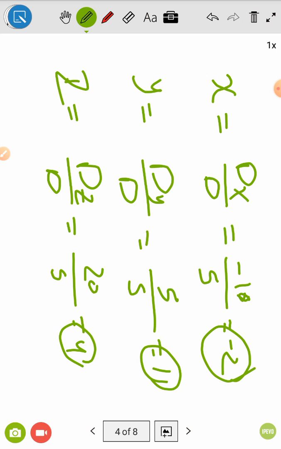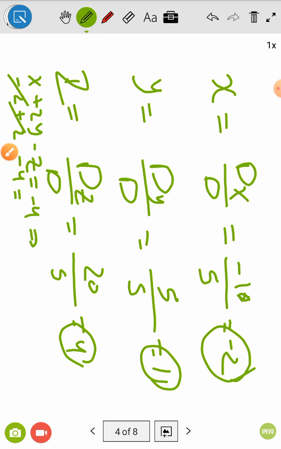The first equation, x plus 2y minus z equals negative 4. x equals negative 2 plus 2 times y, 2 times 1 equals 2, minus z equals, here cancel, negative 4, then the first equation is right. Also, you can go on to substitute into the other two equations to make sure of your answer.